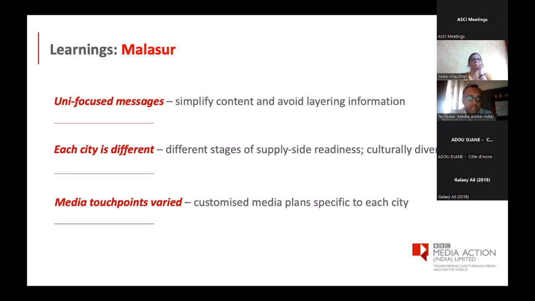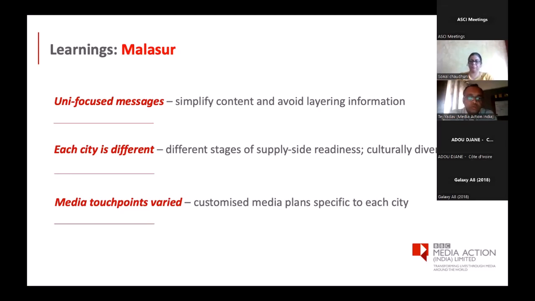That's very important, because when you look at the comprehension and retention of message, a lot of time we try and give a lot of messages to our audiences, and it doesn't really work. So one message, single-minded messaging or unifocused messaging is very important.